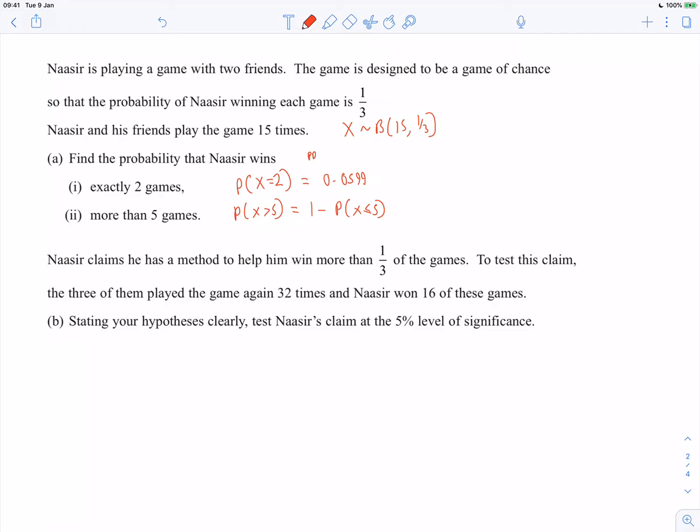Less than or equal to 5, so x is 5. With the Casio CG50, you can actually just do the upper and lower bounds. So greater than 5 means you want the lower bound to be 6 and the upper to be 15. And the number of trials is 15, so p is 1/3. So you will get a value of 0.3816 here.